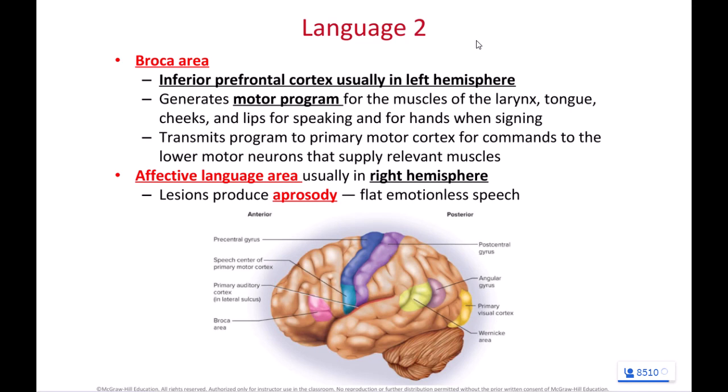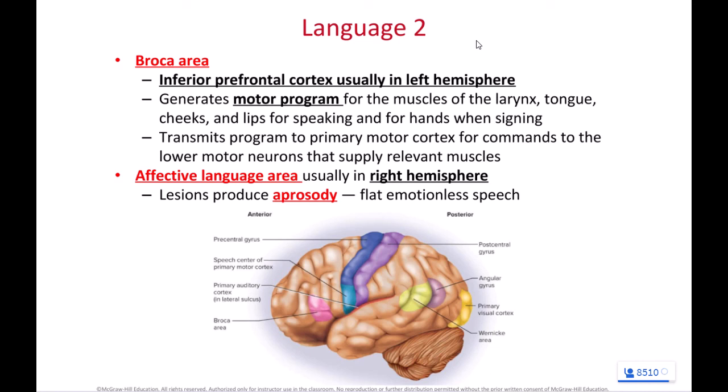We also have Broca's area. Wernicke's area is associated with language recognition and language formulation. When we look at the Broca's area, that's going to be associated with the movement of the muscles that you use to deliver the language.